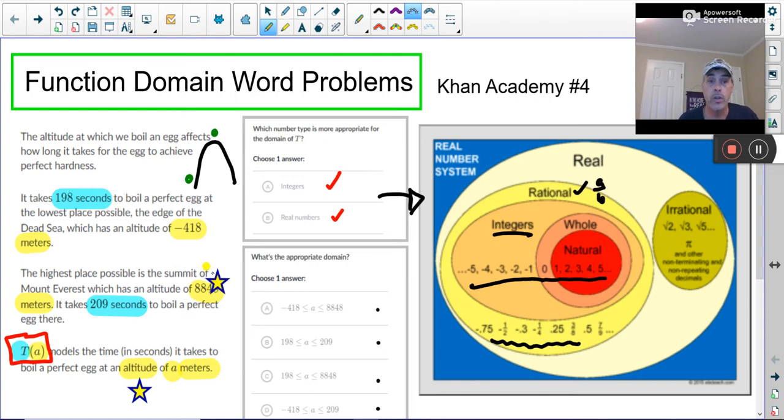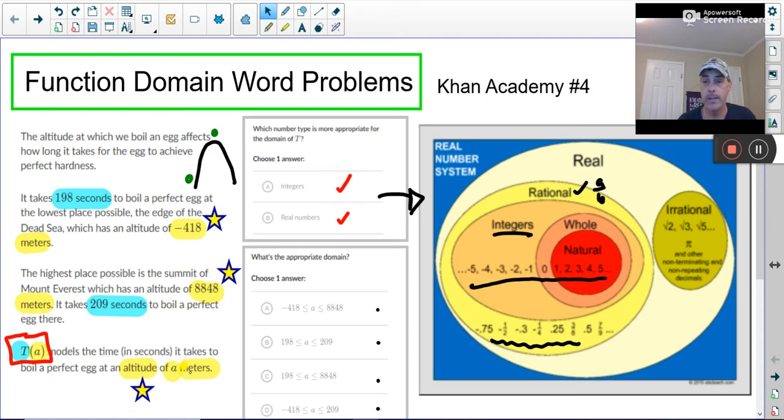And then I also put some yellow highlighters here at the negative 418, that was the lowest place, and the 8,848, the highest place. As I shift my attention to my questions of is it an integer or a real number, what I'm making sure I'm thinking about is the altitude in meters.